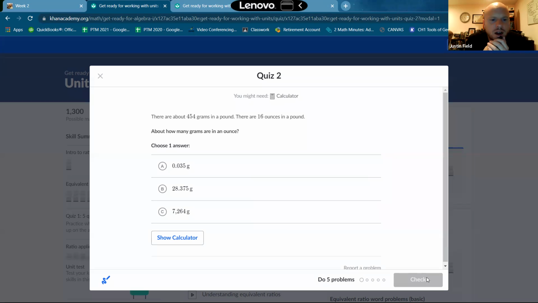Number 2, there are about 454 grams in a pound and 16 ounces in a pound. About how many grams are in an ounce? Okay, so let's write down our given information in a way that helps us make sense of the problem. So we have 454 grams per 1 pound.